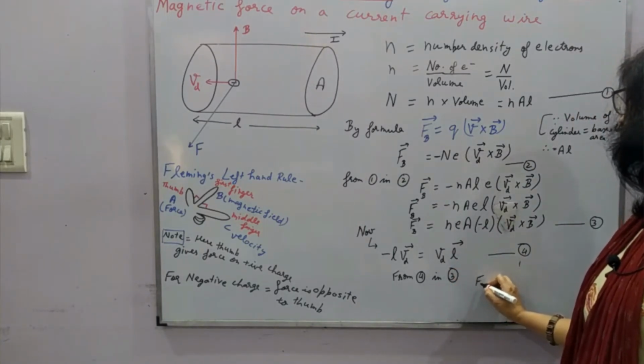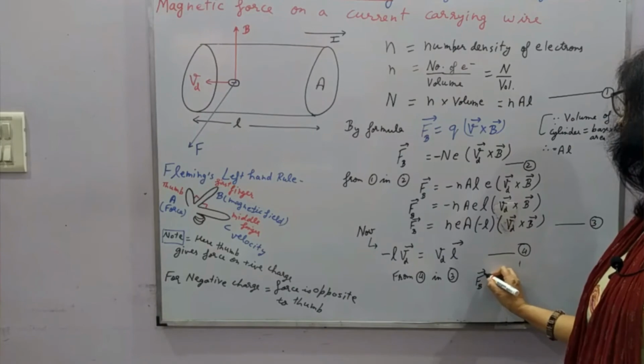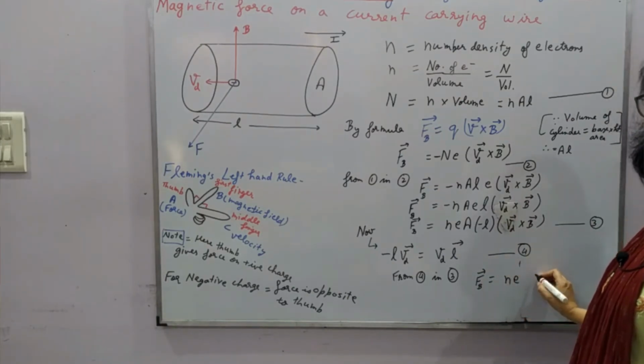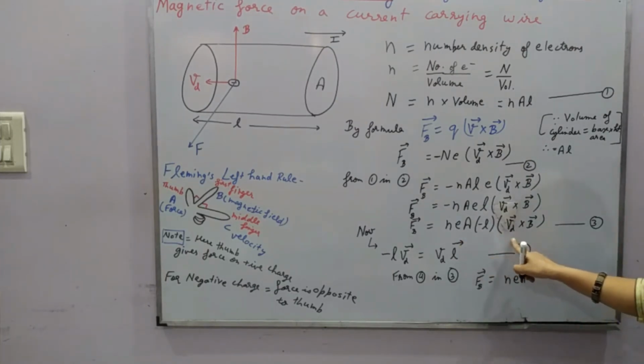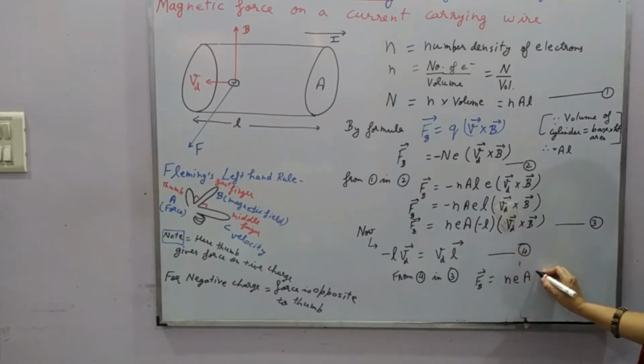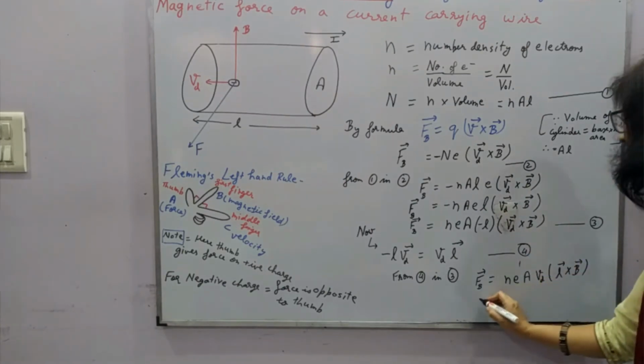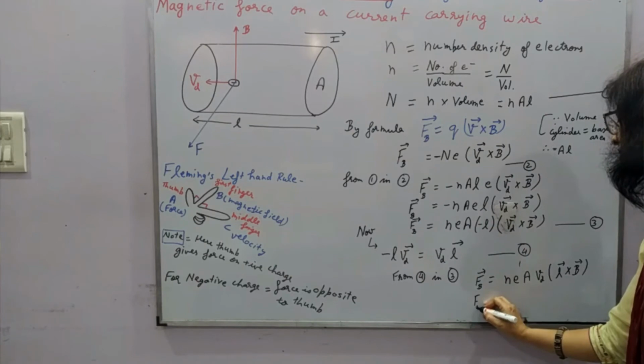what will be the formula for the magnetic force? This is equal to N e A. I am writing minus L Vd vector as Vd into L vector, so L vector I am taking inside the bracket. So equation 3 converts into this one now. What will be our magnetic force, beta?